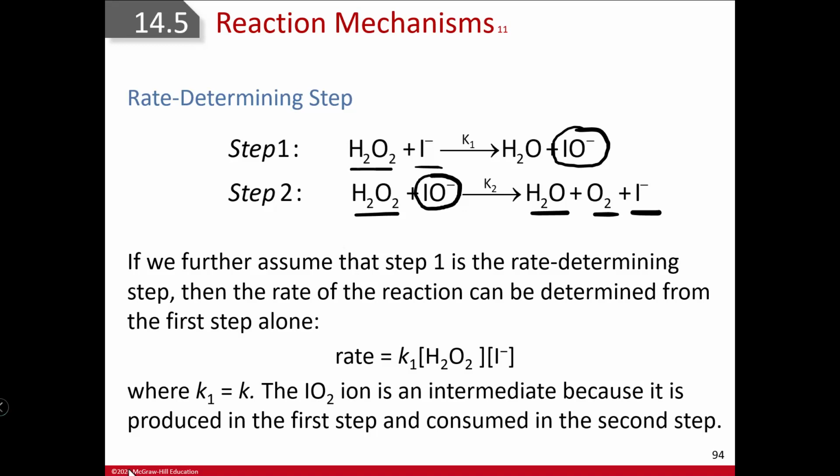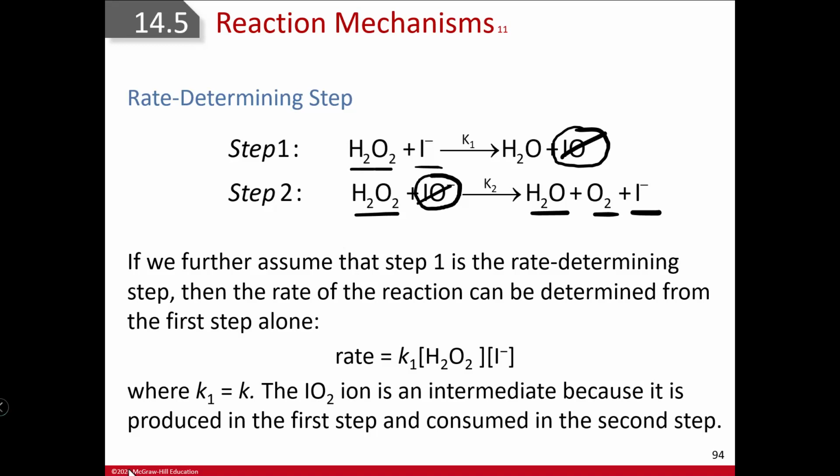All right, so what we know right off the bat is this hypoiodide ion is an intermediate. It wasn't at the beginning of the reaction. It is not at the end of the reaction. It's an intermediate. All right, so then the rate of reaction can be determined from the first step alone.